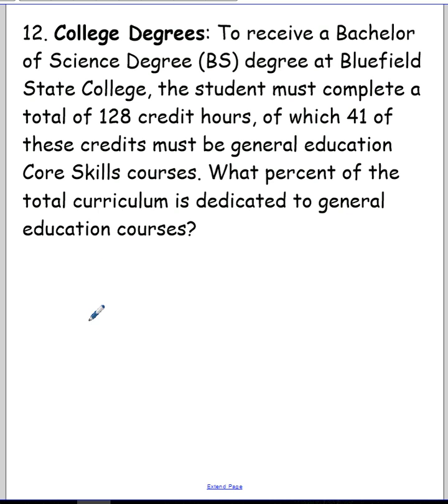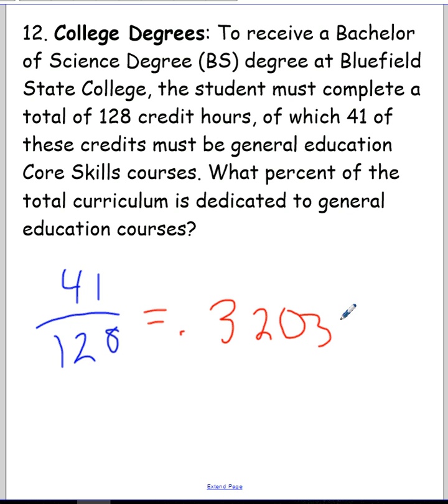Part to whole tells us that 41 out of the 128 credit hours are those core courses. So let's divide 41 by 128. That gives us this crazy decimal, 0.3203125.